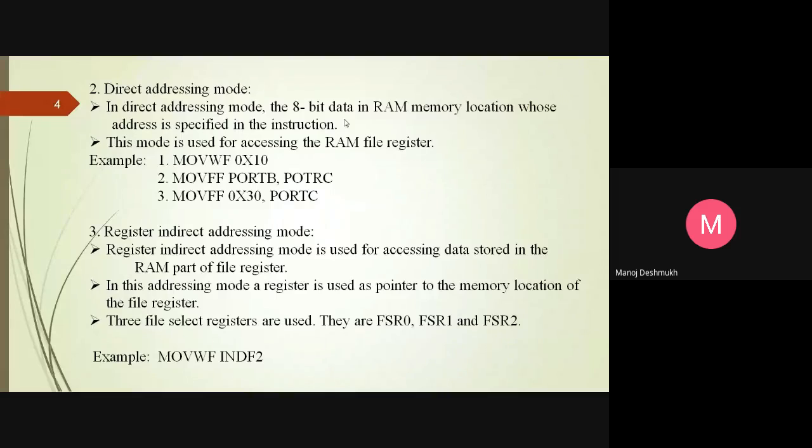If we know the memory address of the given port, then we directly mention the port address, or here it is mentioned as port B, C or 30 like that. So according to that, again, we are able to fetch or access the contents from the respective ports. No problem. So directly by mentioning port name or by mentioning port address.